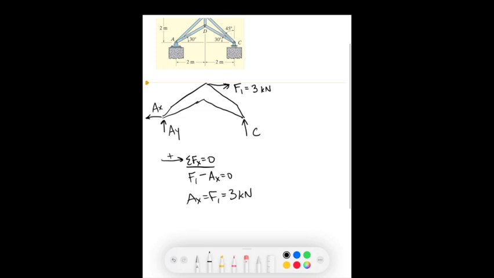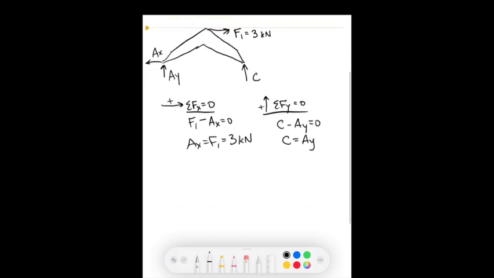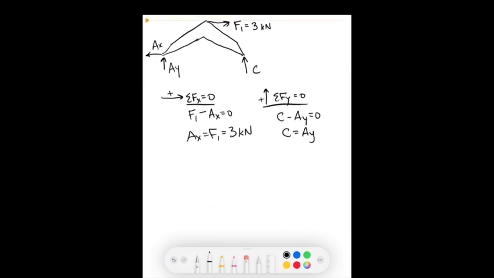AX is 3 kilonewtons. Then we can move on to the y direction. We see that C and AY are equal to each other, but we don't know what that value is. So we need to use our third equation by setting up a moment, and we can do that about the point A.